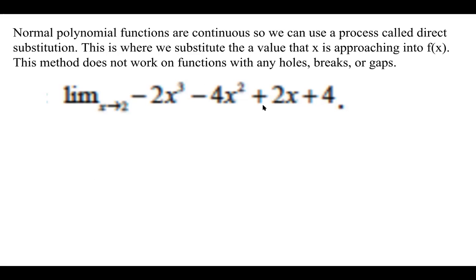It's not going to have any holes or breaks or asymptotes or gaps. So we can use this process called direct substitution, and this means that we can substitute the a value, the value that x is approaching, into f of x. And this doesn't work with functions with any holes, breaks, or gaps.